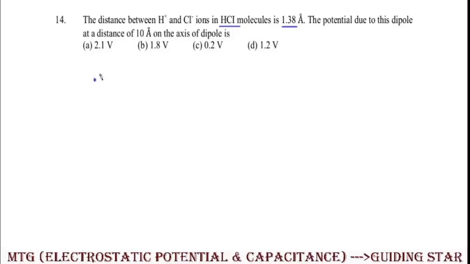So assume that this is H plus and here it is Cl minus, and both are separated by a distance of 1.38 angstrom. H plus has a positive charge of 1.6 into 10 to the power minus 19 coulomb, and the Cl minus has a charge of minus 1.6 into 10 to the power minus 19 coulomb.